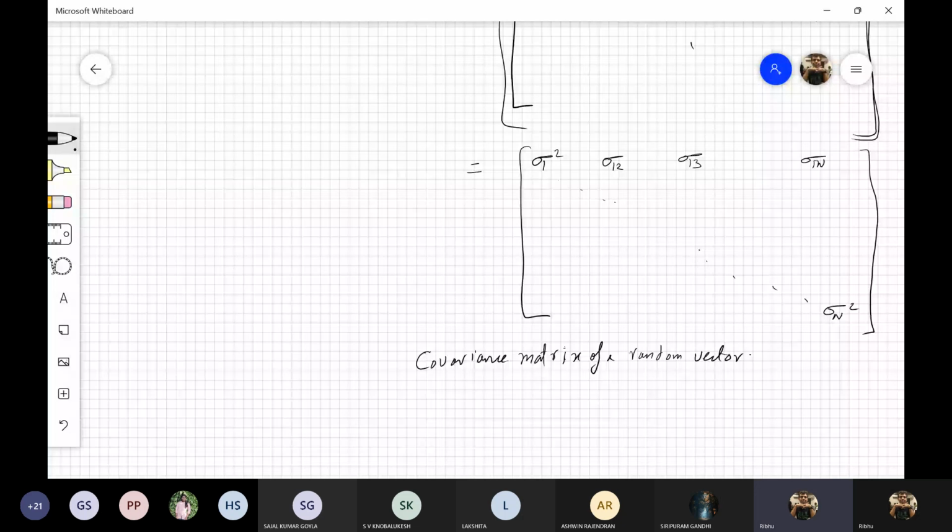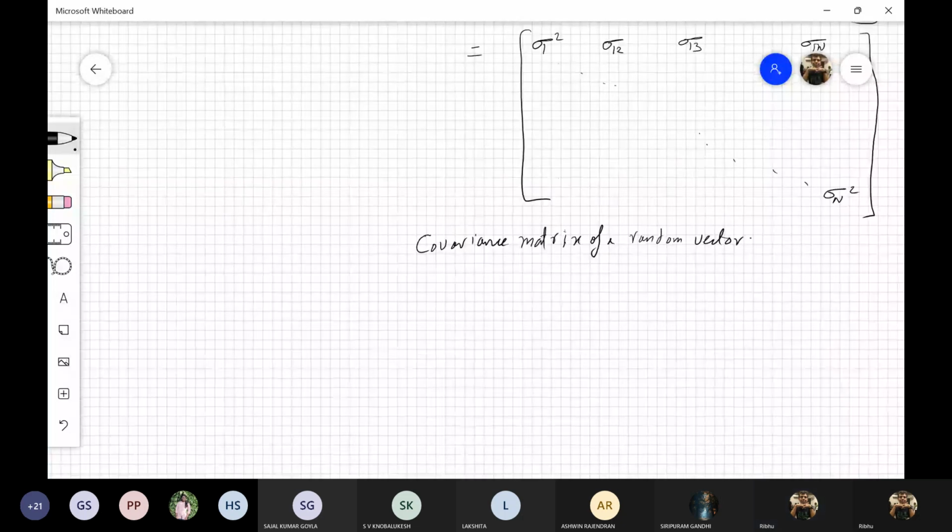So let me list out some properties of the covariance matrix.